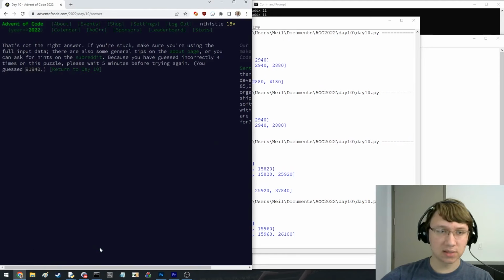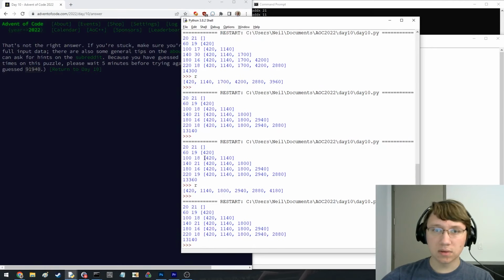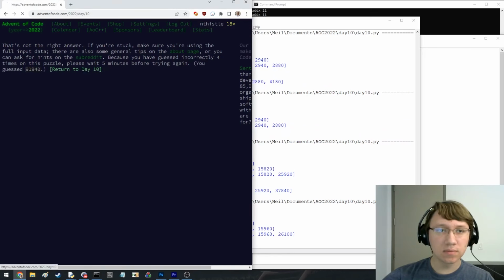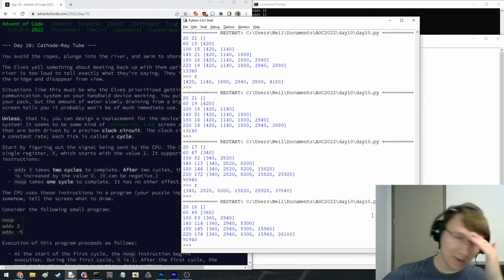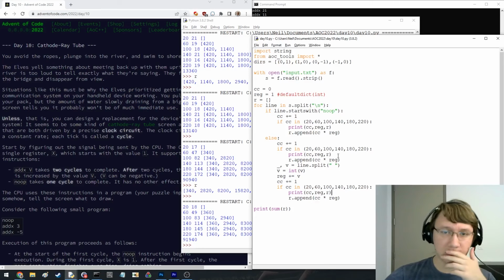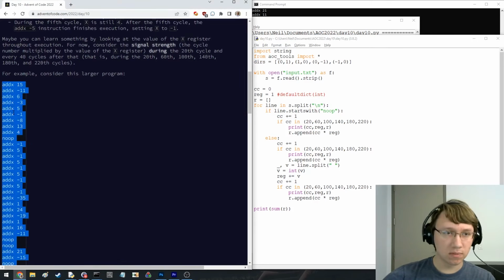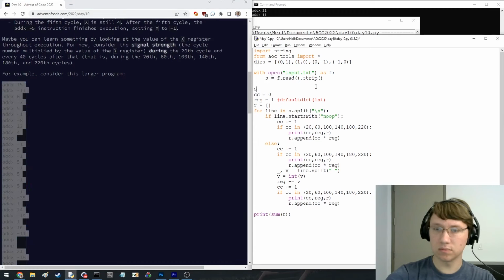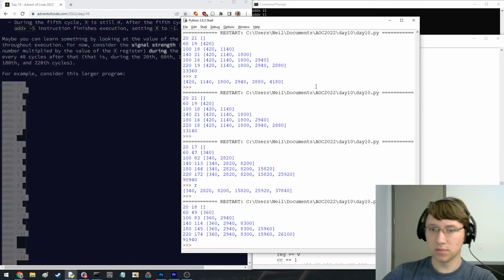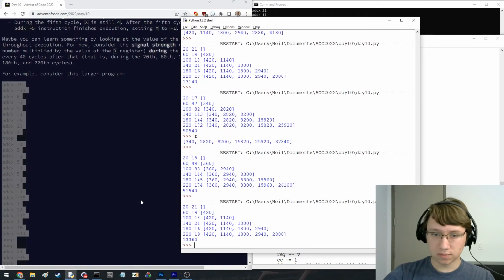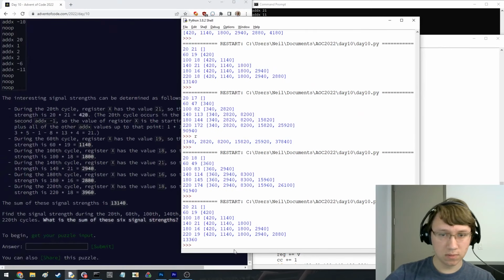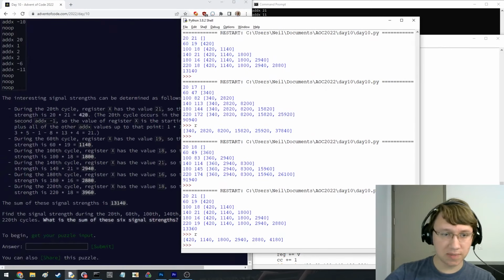I guess I'll try this, but wait, no, yeah, I submitted. I know this doesn't work in the sample input, but maybe I should think about why it doesn't work in the sample input. It doesn't match on the last one, basically.